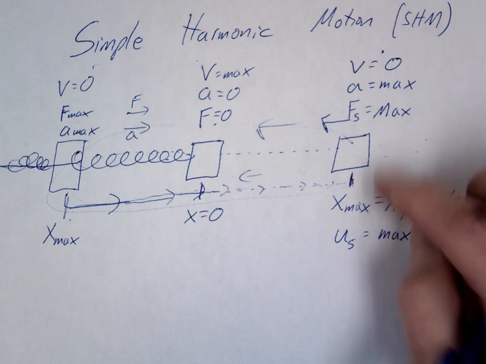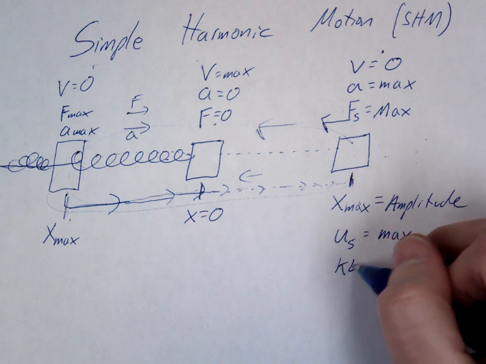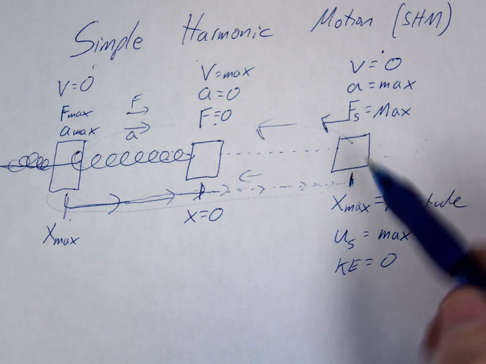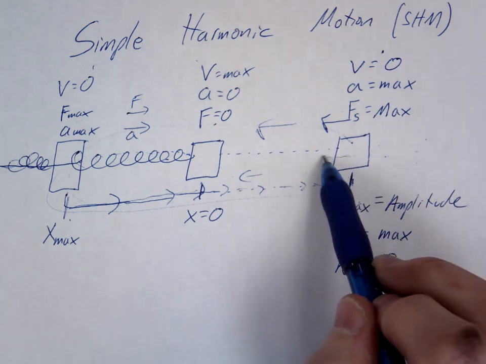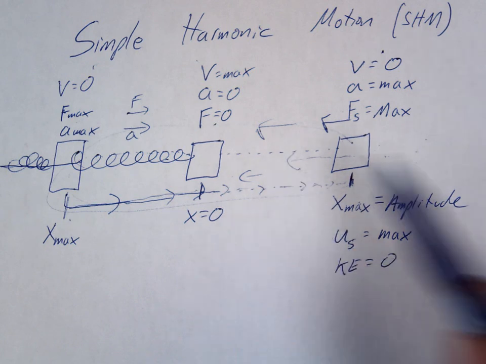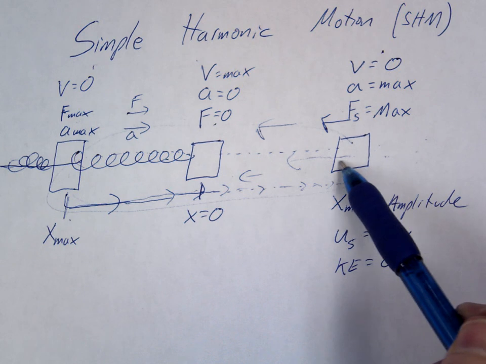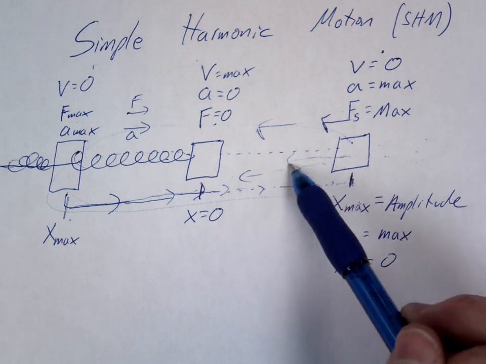And how much kinetic does it have right here? 0. Okay? And now once I let go, it's going to start moving this way. As it starts moving this way, what's happening to its potential energy? It's decreasing, right? It's losing potential. Where's it going? Into kinetic. It's losing potential, it's gaining kinetic.